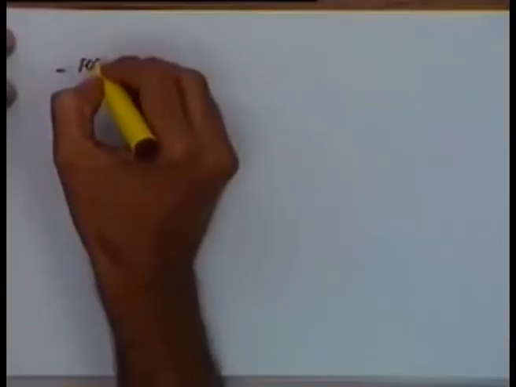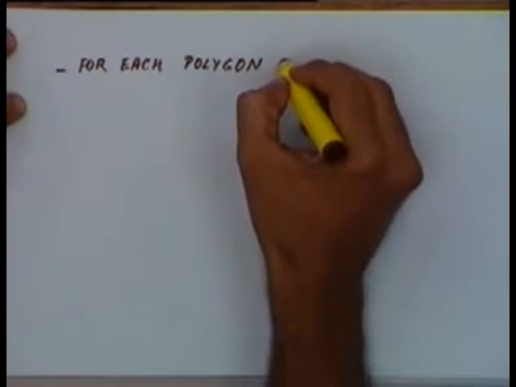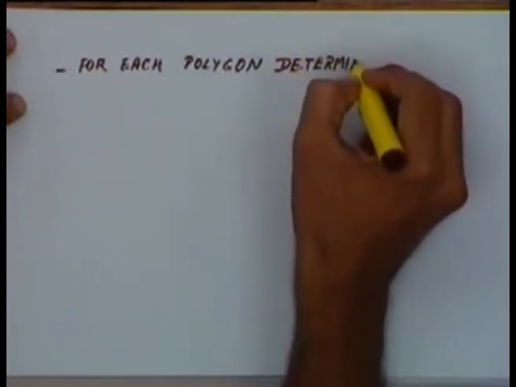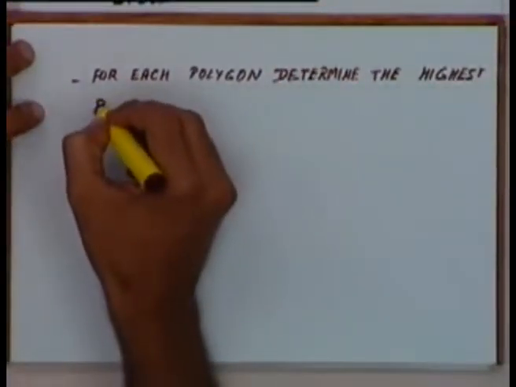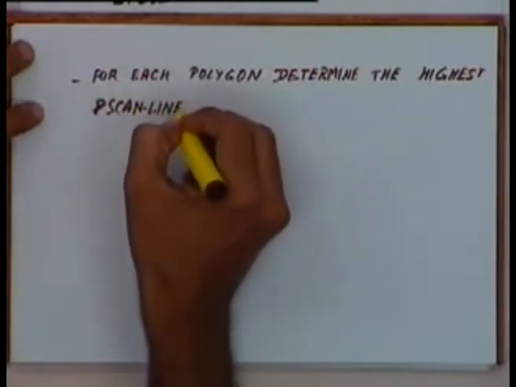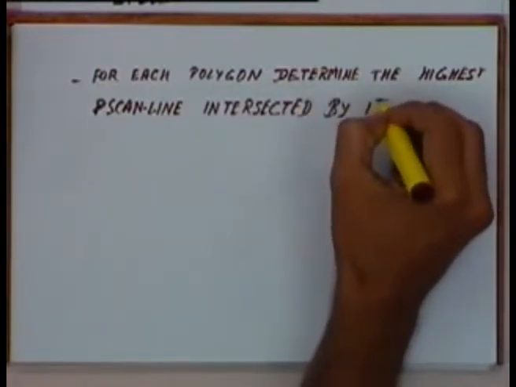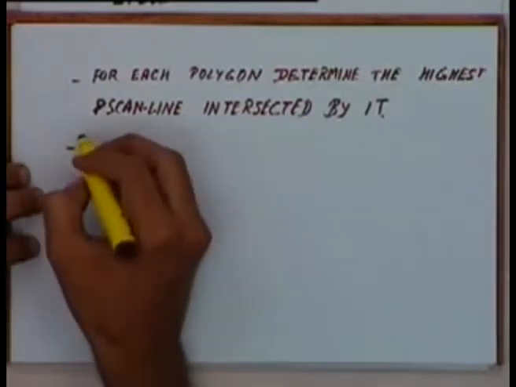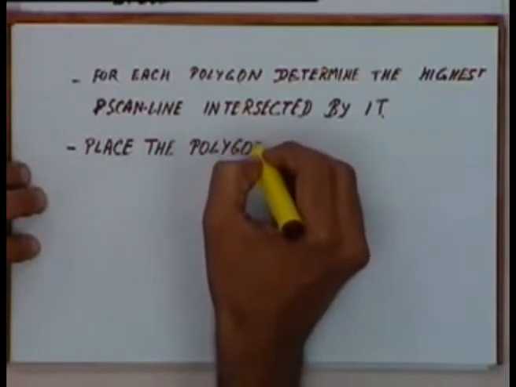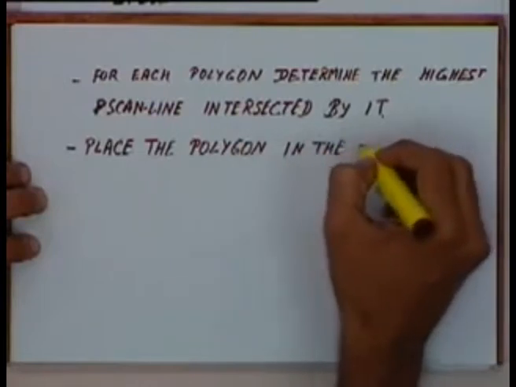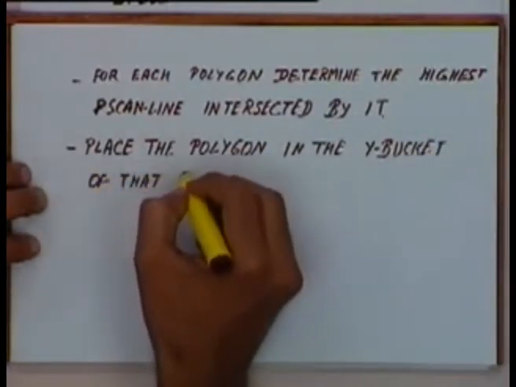The first step will be, for each polygon, determine the highest scan line intersected by it, and then we'll place the polygon in the Y bucket of that scan line.